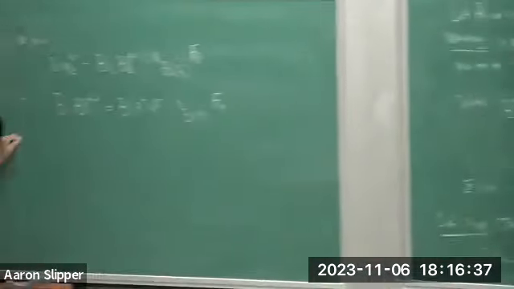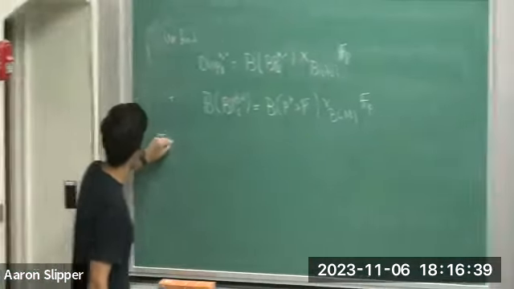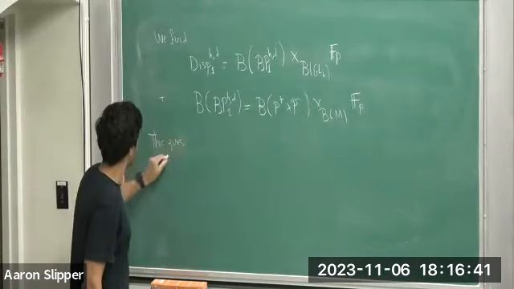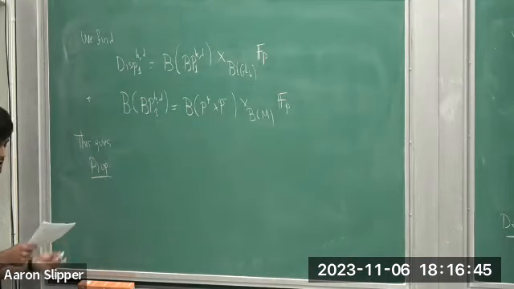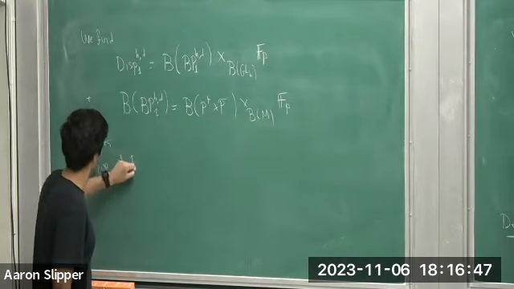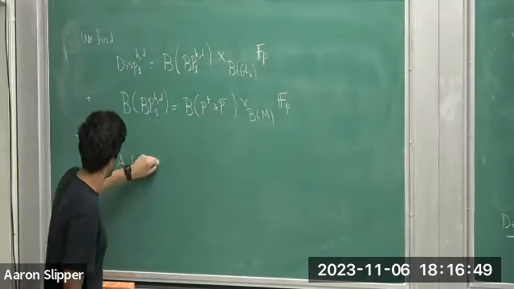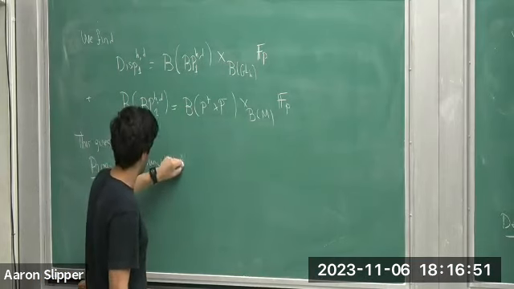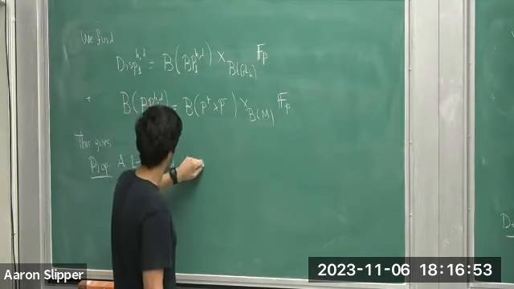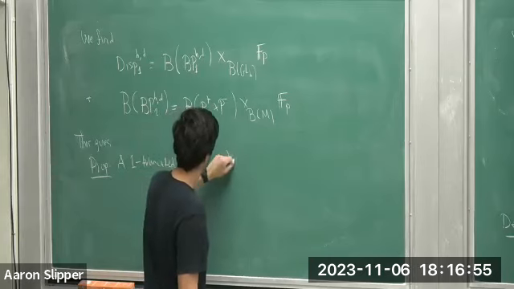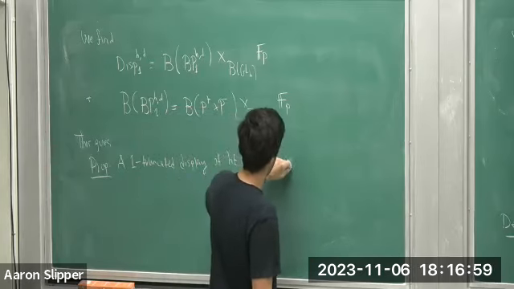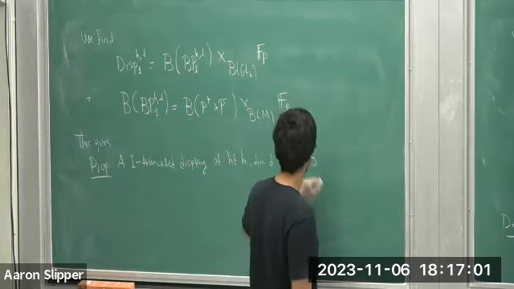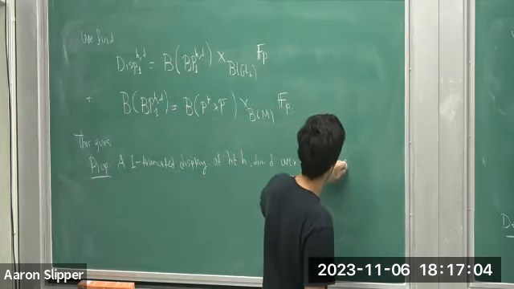So this leads to this: a one-truncated display of height H and dimension D over an F_p-scheme S consists of the following data.